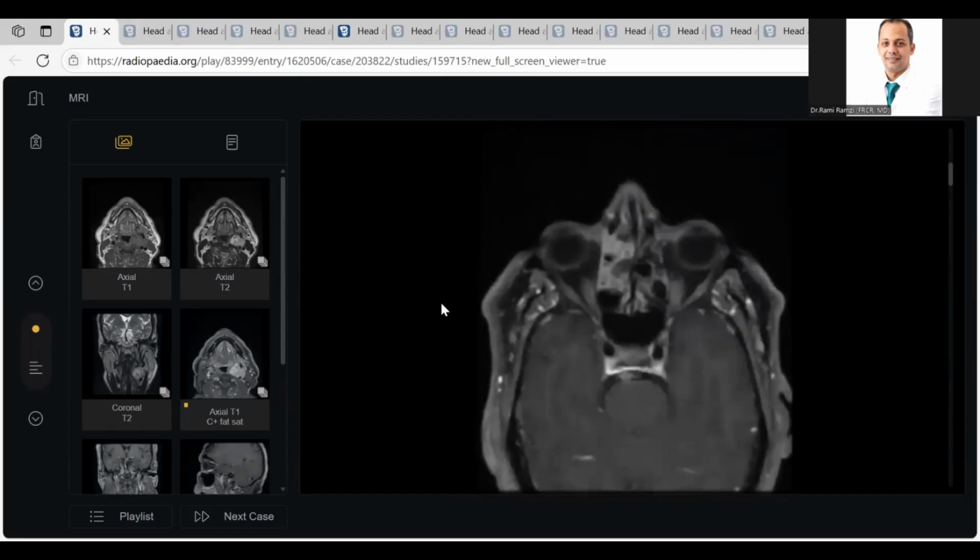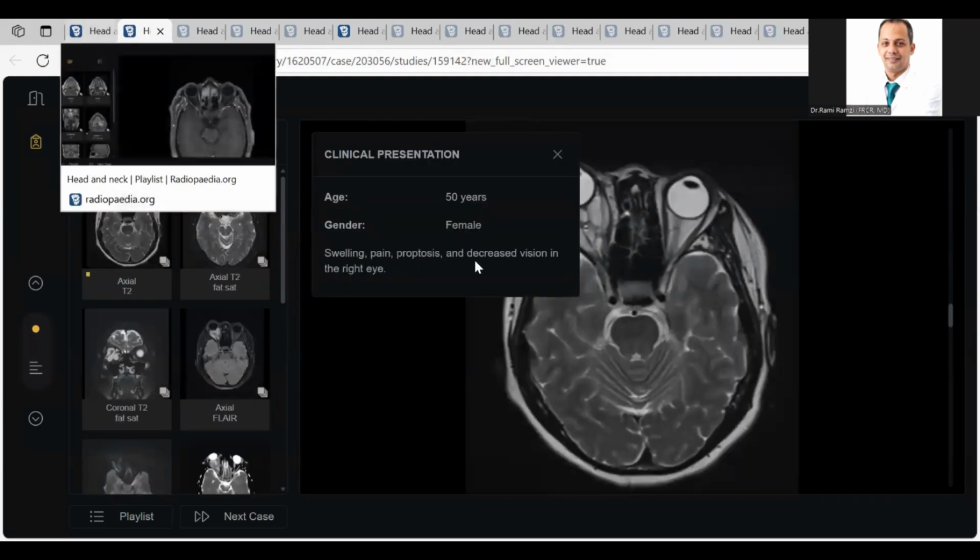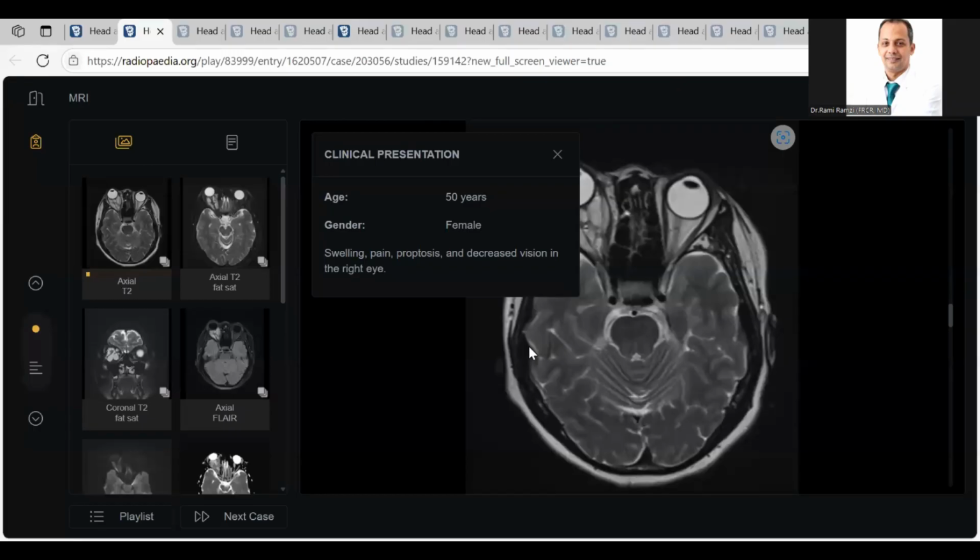It's carotid body. Okay, let's start here. 50-year-old female patient, swelling, pain, proptosis, decrease of vision. Yes, sir. Request the control, please. Sir, you can please kindly scroll for me as I don't have the setup. Okay, no problem.